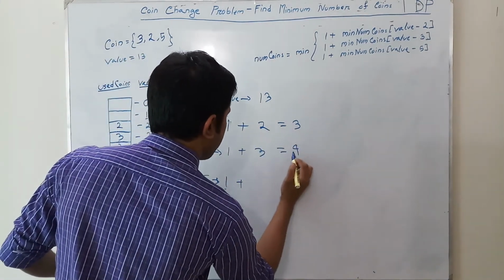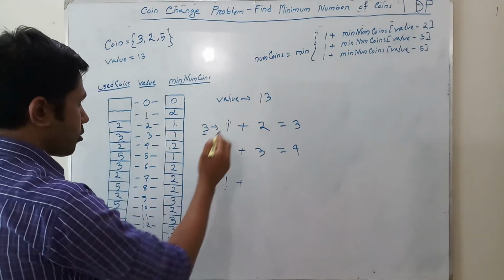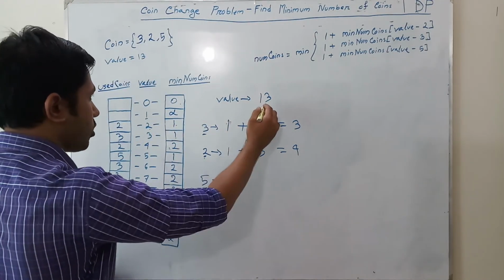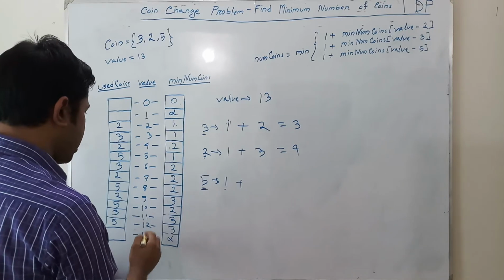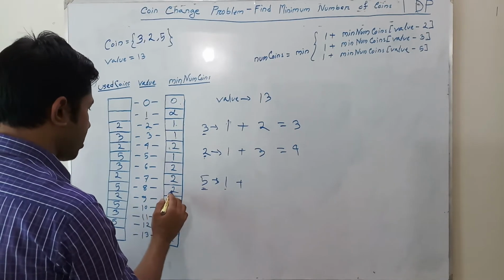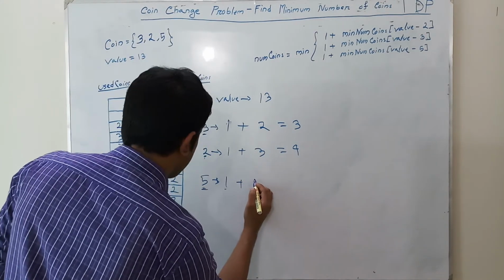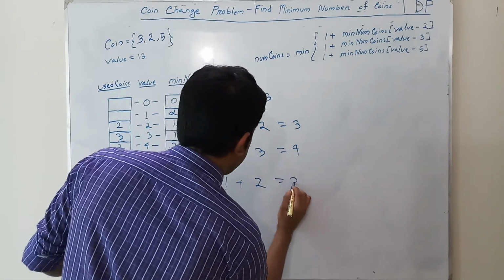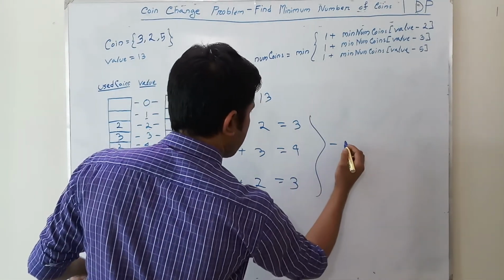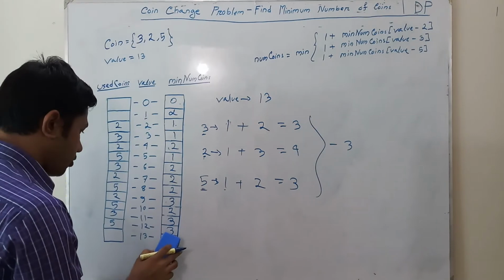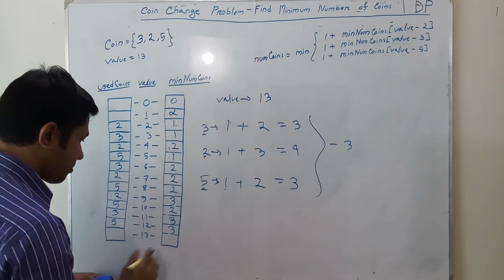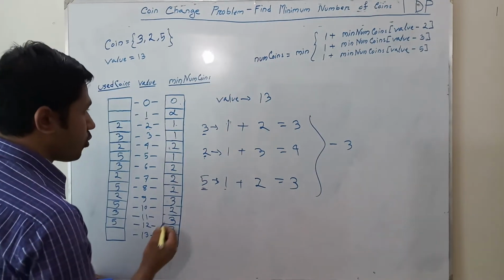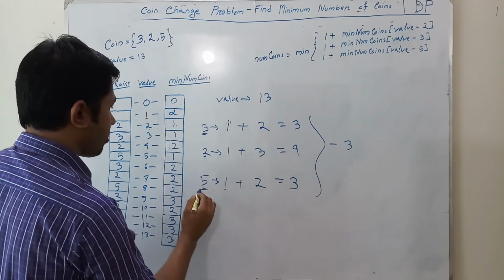So here it will be 4. After using the denomination of 5, we have remaining value 8, and for 8 the minimum number of coins is 2, so 3. Here the minimum number is 3, so we will store 3, and we can use any coin, 3 or 5.